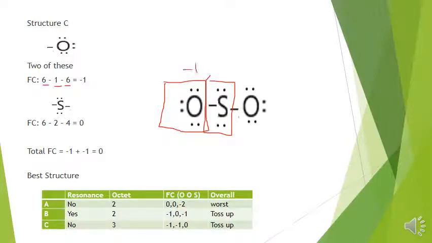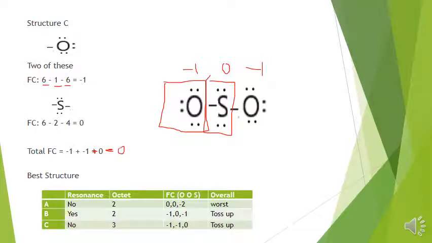So each one on here gets -1. And our center sulfur gets 6 -2 bonds, -4 is 0. Total formal charge is -1 plus -1 plus 0 equals -2. That's right. Should be a 0 in here as well.